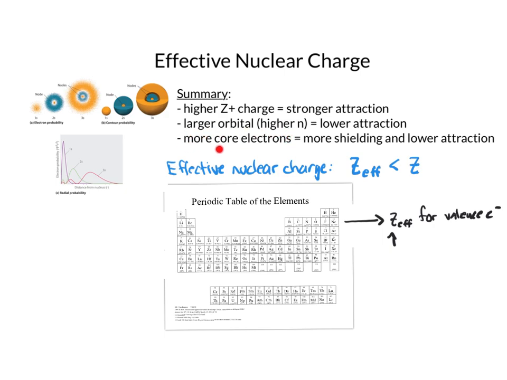Because the number of core electrons is increasing and the valence electrons are in higher and higher orbitals, we find that overall, these two factors outweigh the increase in the positive charge. And so as we go down a column, Z effective is going to decrease for the valence electrons.